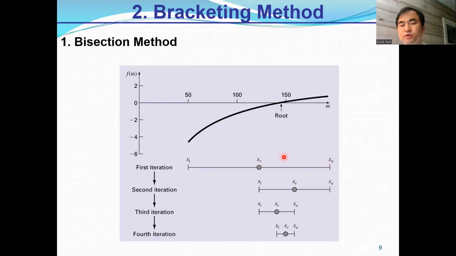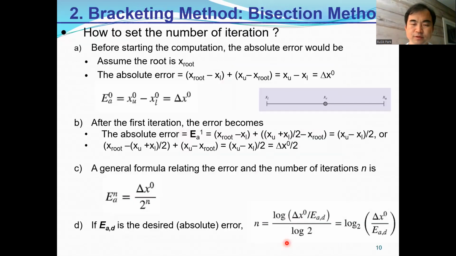One should be positive and the other negative, and then set the next point. In this case, xr and xu become the next two points, with the new xr between the old xr and xu, and so on. That's the bisection method, as we know.